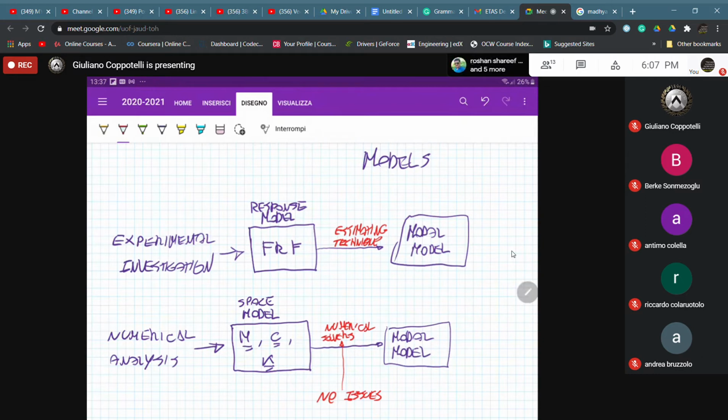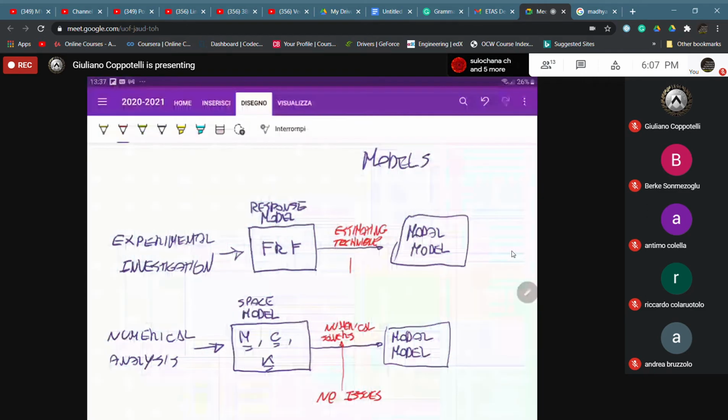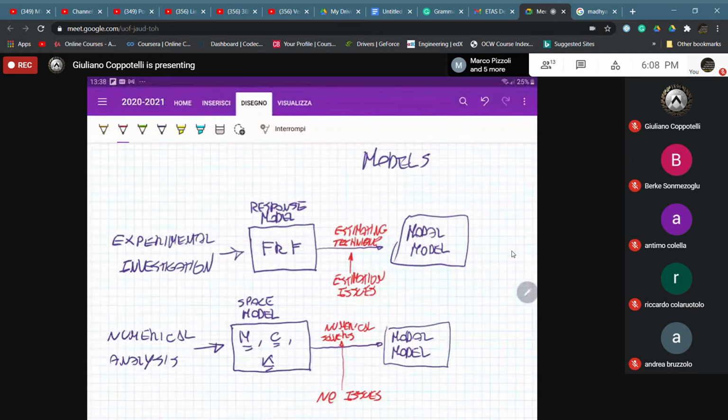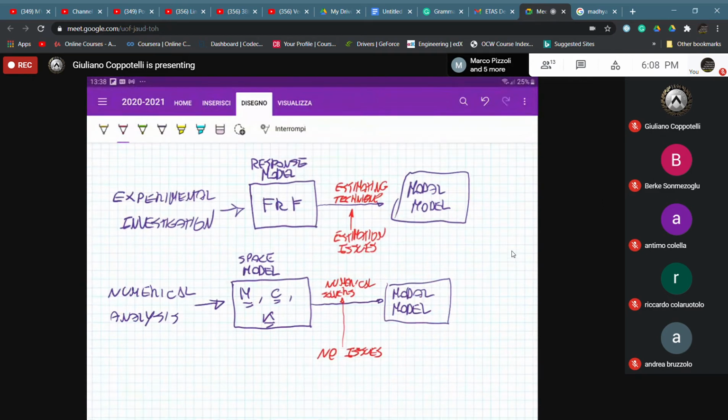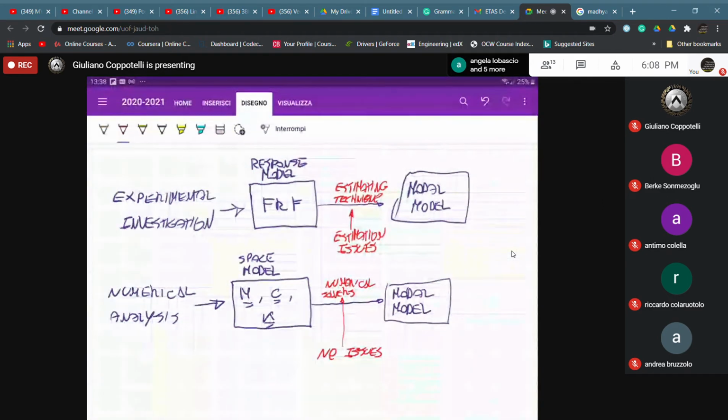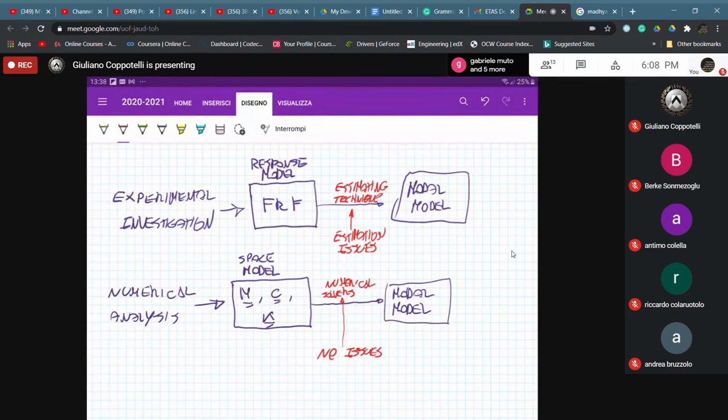However, here in the estimating techniques, there could be some estimation issues, and that is more critical, of course. Okay, and so how can you say that your, let's say, numerical model is truly representative of your actual experimental structure or system?